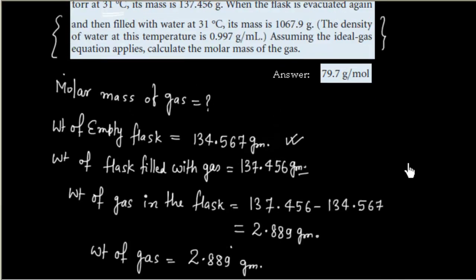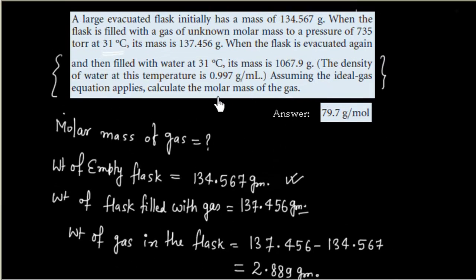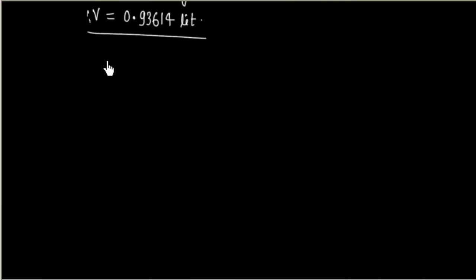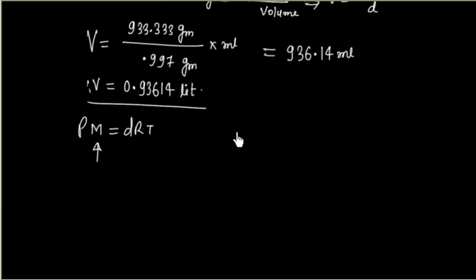Now we can use the formula PM is equal to dRT to calculate the molar mass of the gas. Let us first calculate the density of gas, that is d. D is the density of gas, and this is nothing but mass of gas divided by volume.